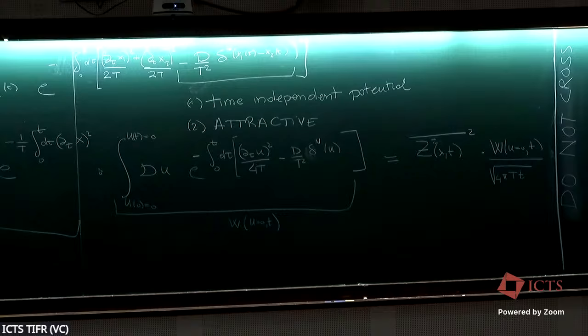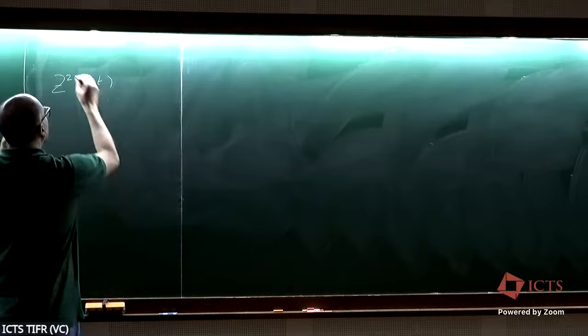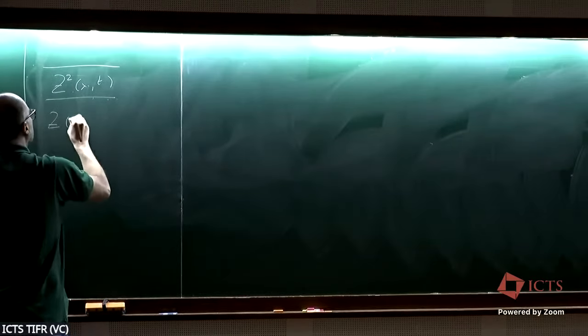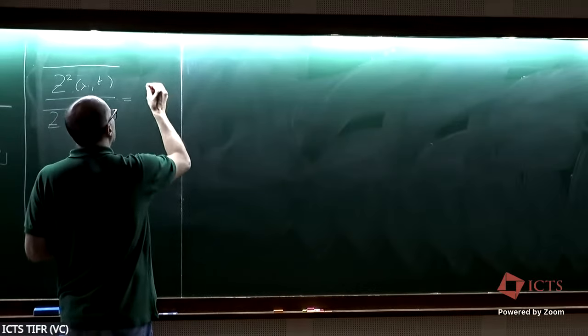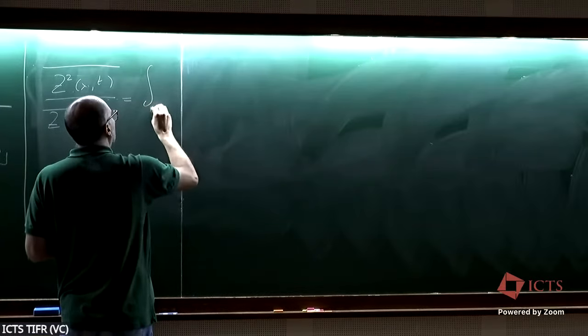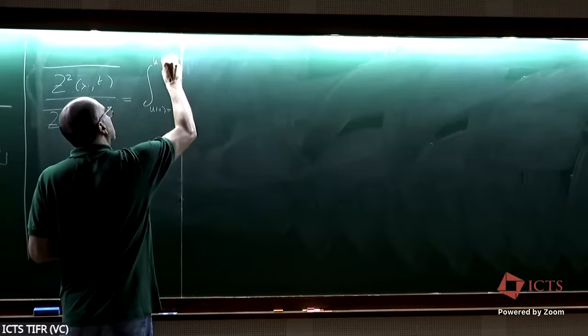So now let me maybe erase this. So what we have understood is that if you do Z square xt divided by Z x t square, you have essentially this propagator from u equal 0 to u equal 0 at time t.